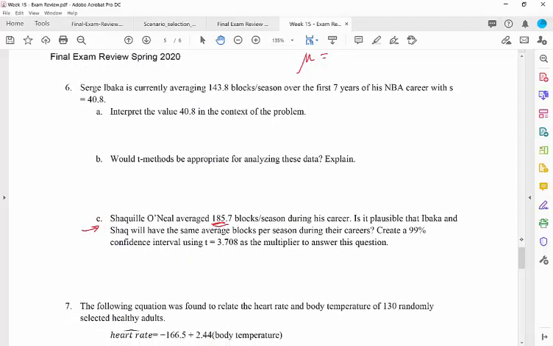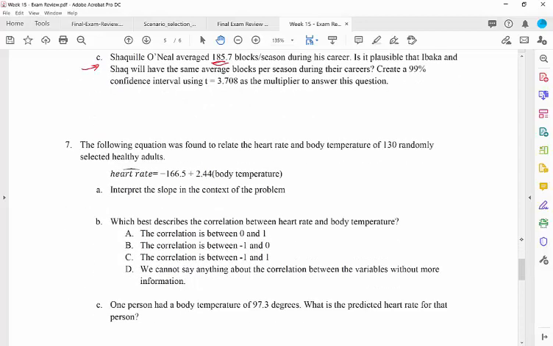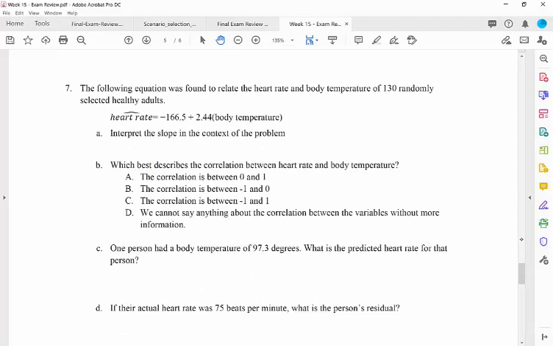But if we look at this study, this is looking at two quantitative variables. We're looking at heart rate and body temperature, which are both quantitative. So here we could test slope or we could test correlation. If we were testing slope, we would test that beta, or beta 1, like in 217, we talk about it as beta 1, is equal to 0 versus our alternative.